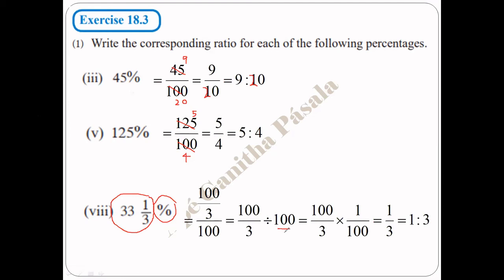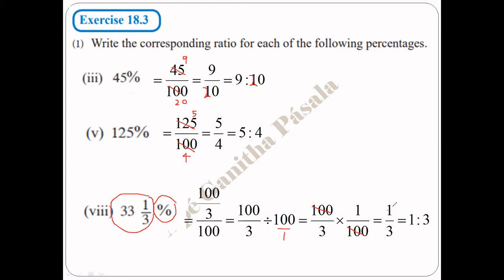Now you know, in the fractions lesson, we converted division into a multiplication by interchanging the numerator and denominator. So the reciprocal of 100 is 1 over 100. Here 100 over 3 into 1 over 100. Now you can cut this 100 with this 100. So 1 is the numerator, 3 is the denominator, 1 over 3.